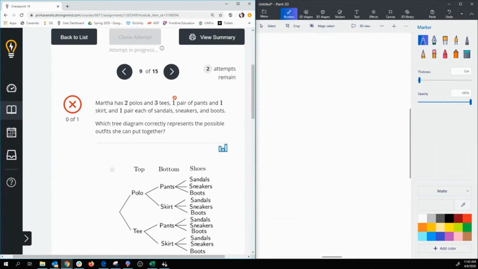This one's probably the trickiest tree diagram problem we've done so far. So let me know when you guys are here and then I'll start going through it. It's not that bad as long as you know what's happening.